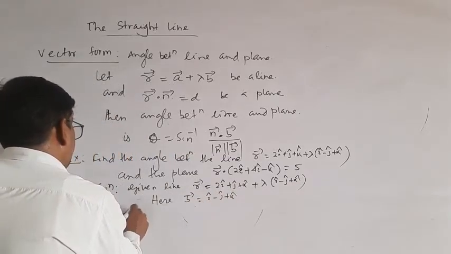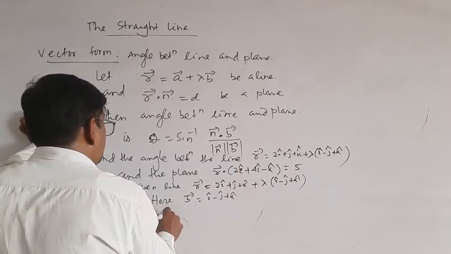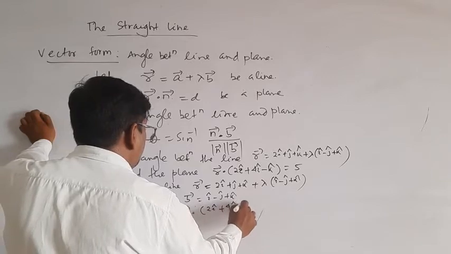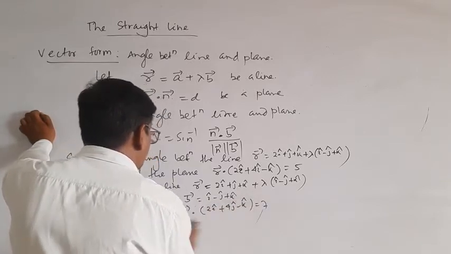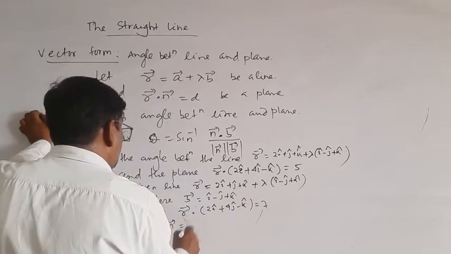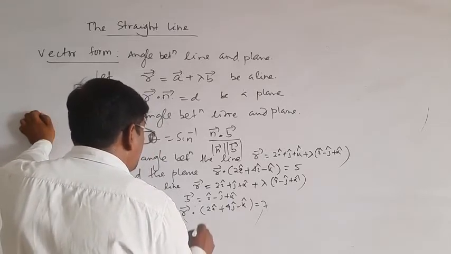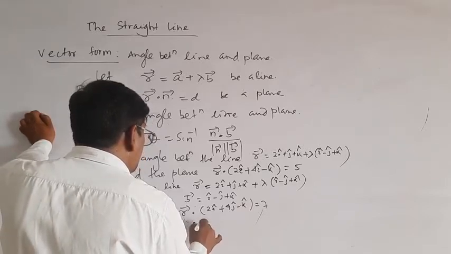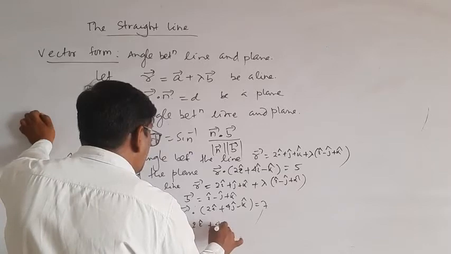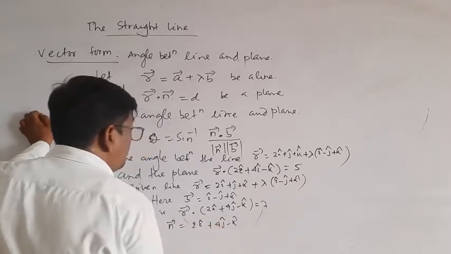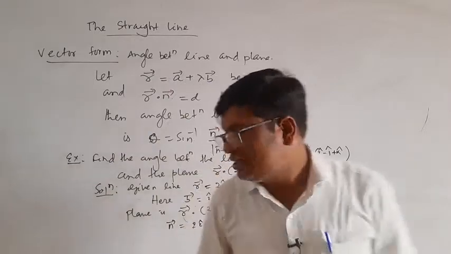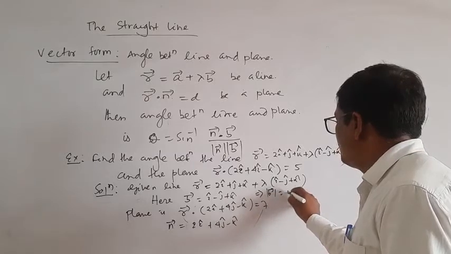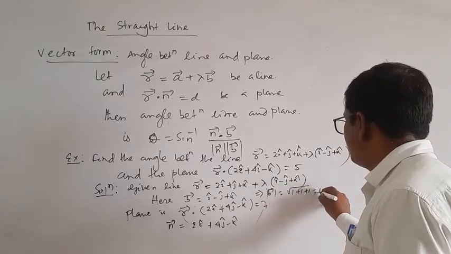Now the plane is r dot (2i plus 4j minus k) is equal to 7. So what is n here? n is equal to 2i plus 4j minus k. Now b dot n: what is the magnitude of b? The magnitude of b is root over 1 plus 1 plus 1, that is root 3.